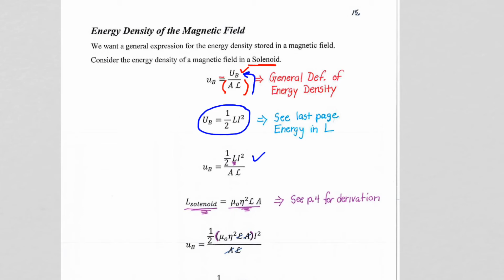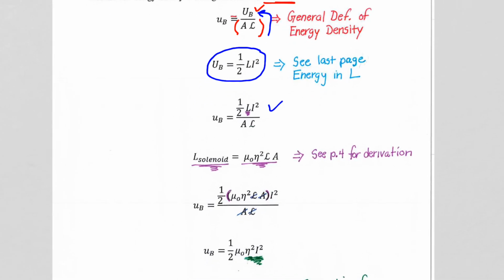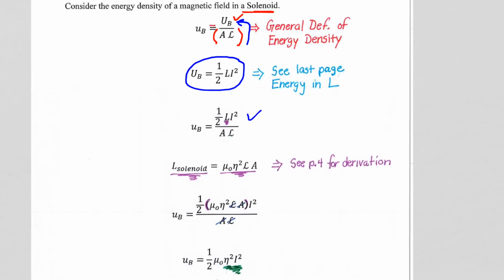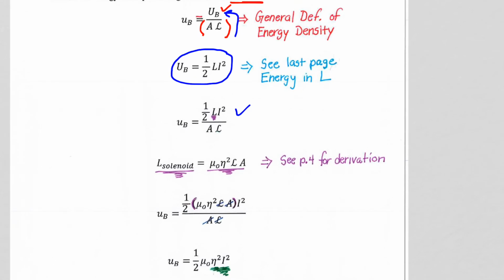Just algebraic. We're going to also use our result for the inductance value for the solenoid as mu naught script n squared A l. We're going to substitute that term in for L. So take this and substitute it in for L, and that's all we've done down here.